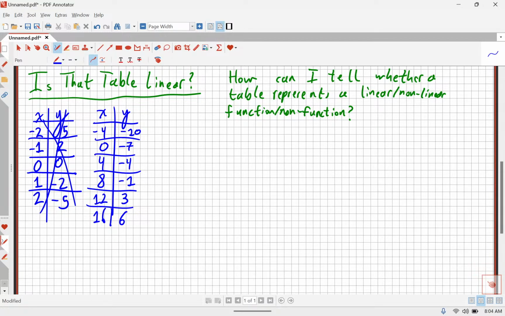So when I say teach, I want you to say, okay, is that linear or nonlinear? A function or a non-function? And how do you know? Teach, teach.